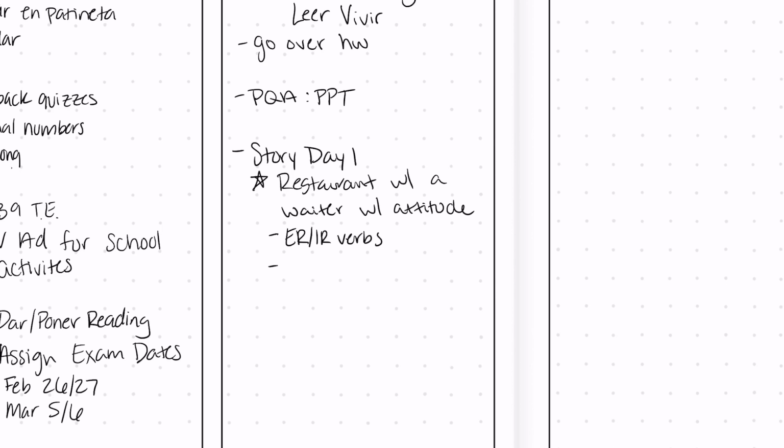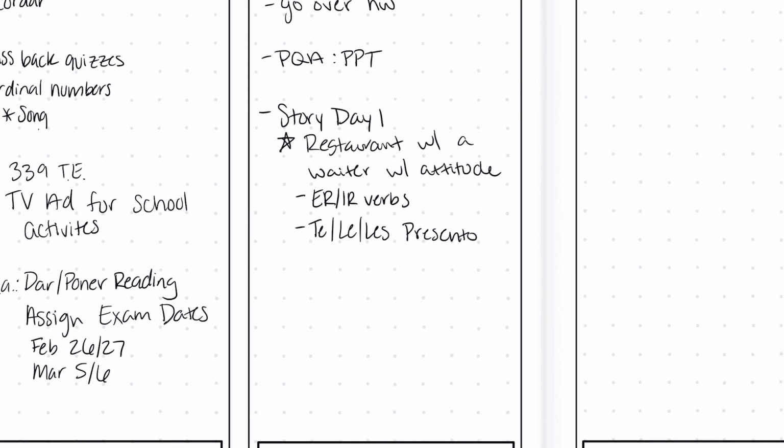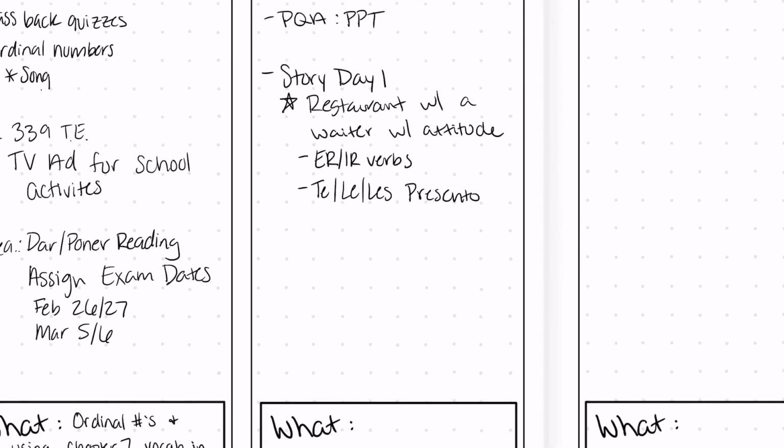And then we do have to do something with te lo, se lo, les presento, because it's on the test. It doesn't super fit very well with the story, but as a middle school teacher, I have to do what the high school wants me to teach as well. So it's finding that happy balance.